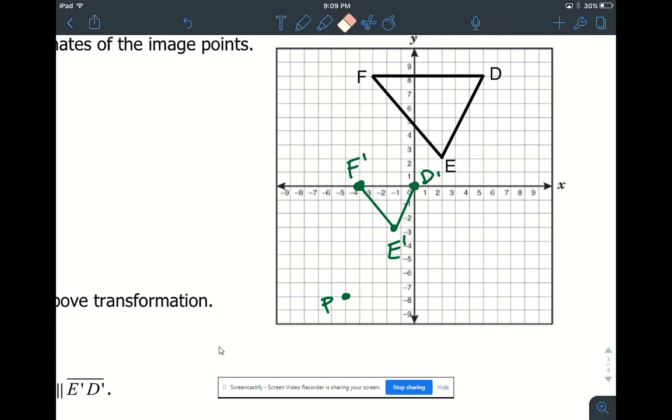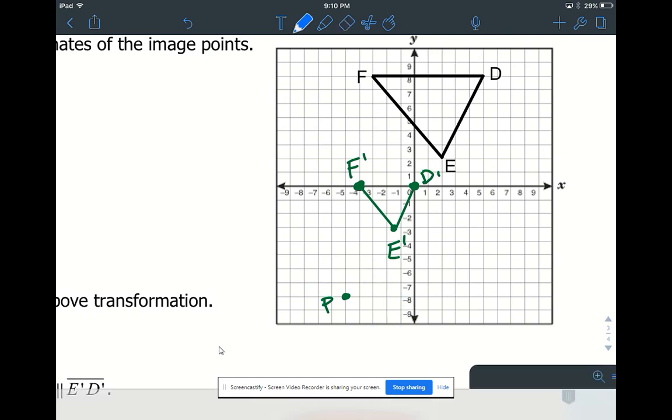So if you start counting from your point here and you go over and down or something, your triangle is going to end up like up here, which will be 100% wrong. So please, please, please make sure that you start counting your slope from your center of dilation. I always typically label it point P for some reason, point of dilation, I don't know. But that's where I start. That's where you should start to make sure your image comes out correctly.